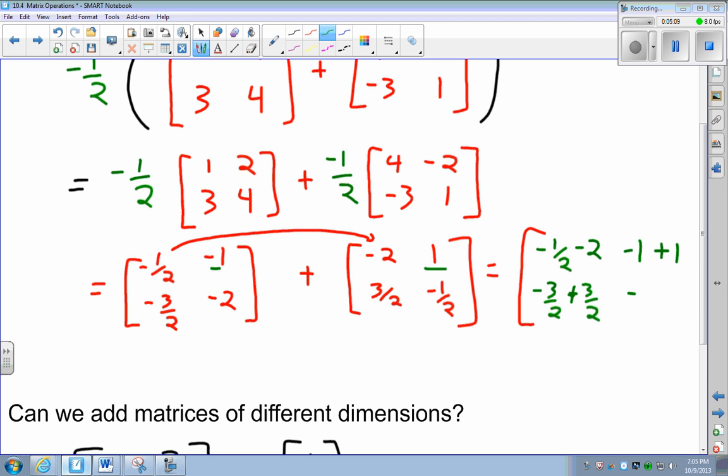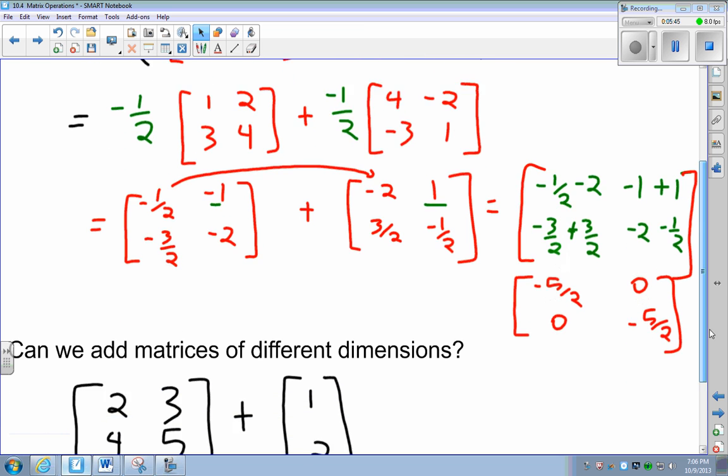And then negative 2 minus 1/2. Now we just add those together. We should get a final matrix of negative 5/2, 0, 0, and then negative 5/2. Okay, so we do that.